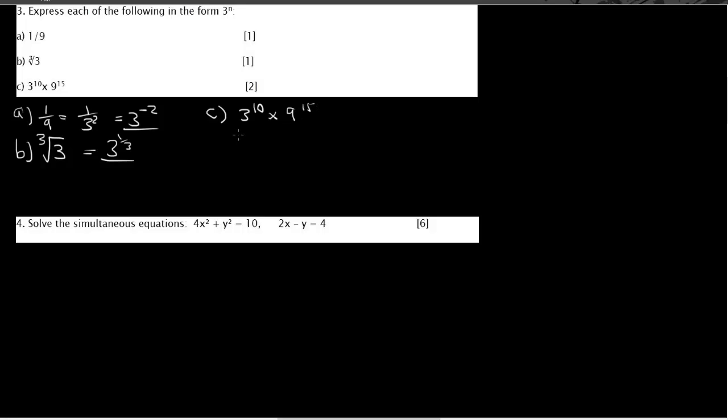So 9 is 3 squared, so we've got 3 to the 10 times 3 squared, that's 9, to the 15, which gives us 3 to the 10 times 3 to the 30, 2 times 15 is 30, those are indices, which gives us 3 to the power 40, big number.